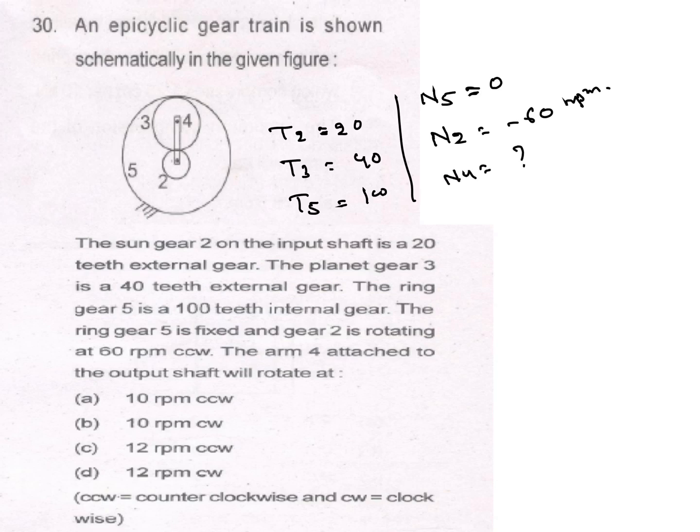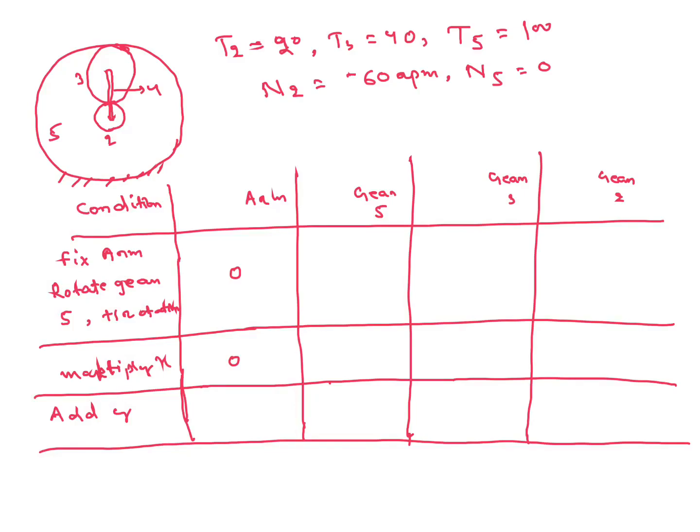Tabular method we will use here. First fix the arm number 4 and rotate gear 5. Then arm is fixed, so here it will come 0. For gear 5 it will come plus 1 rotation, and for gear 3, gear 5 is internal gear and gear 3 is external, so positive T5 divided by T3.